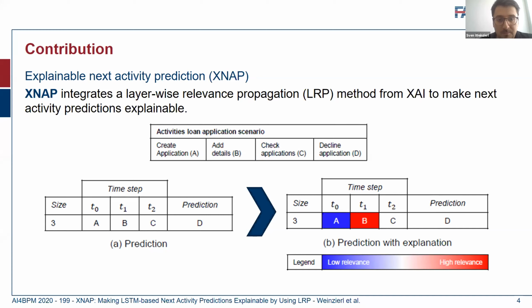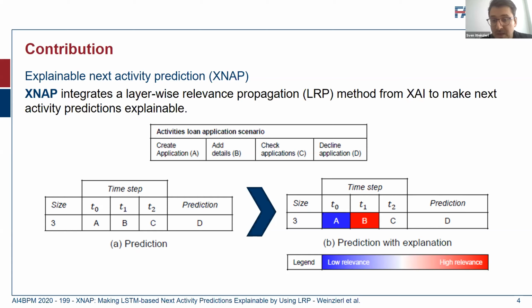For example, if you have a loan application scenario consisting of 4 different activities, as you can see here, A, B, C, D. On the left side, you have a prediction: you have A, B, C, and we predict D. D means decline application. The model predicts D, but we don't know anything about which activity contributes to a certain extent to the prediction. On the right side, we have the prediction with an explanation.